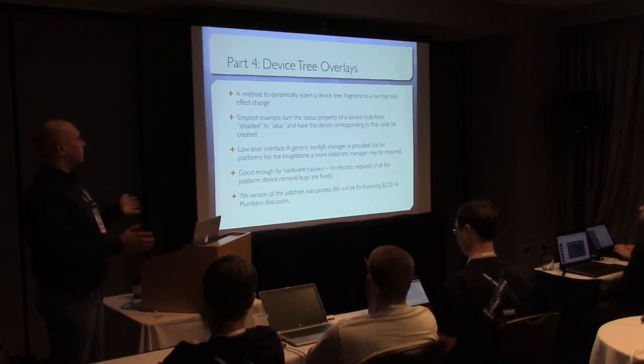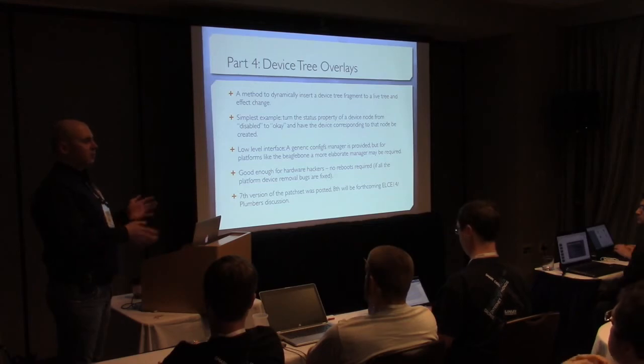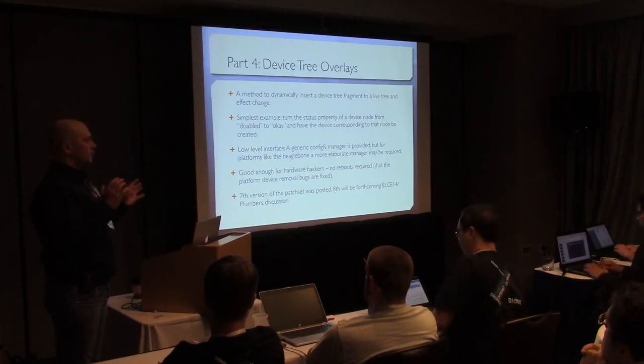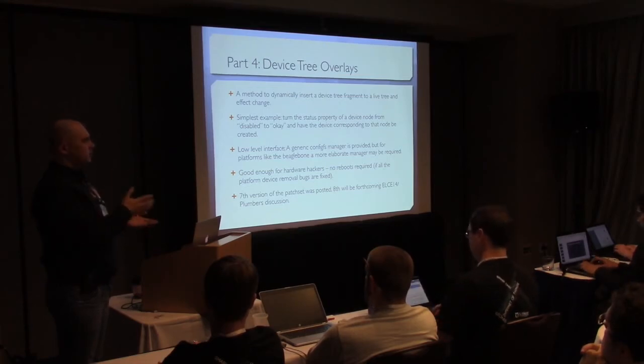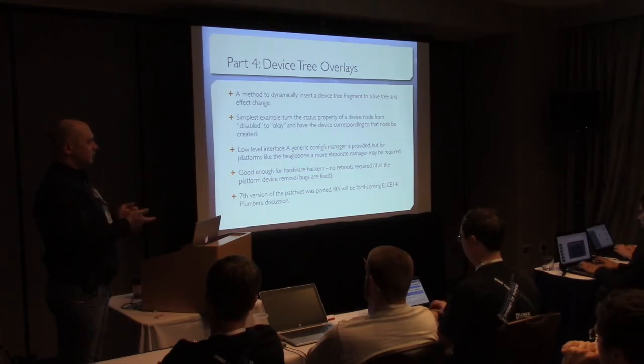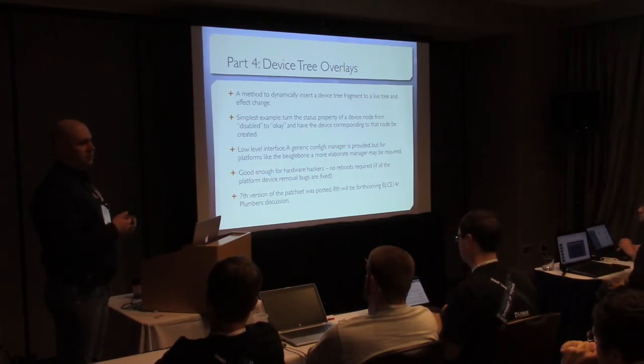So after all, this is just legwork to get where we want to be, which is to use device tree overlays. So now we have a way to apply the changes to the device tree. We have a way to notify users of how the change is applied. And now we need to make the changes be reflected to the device model.